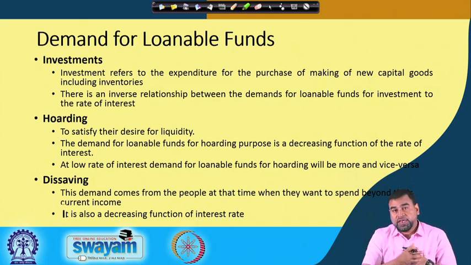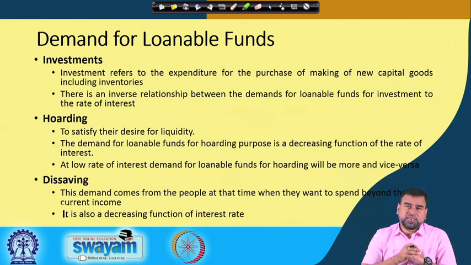But if the interest rate is high, they will hold the money in the bank or another financial institution, to increase their return. So there is an inverse relationship between the intention towards hoarding of money and the interest rate. That is why hoarding and interest rate are inversely related.